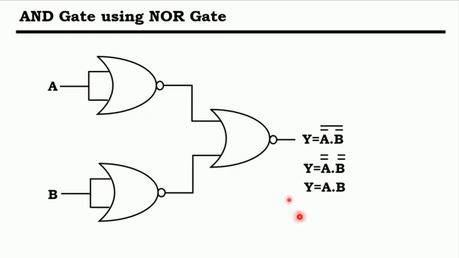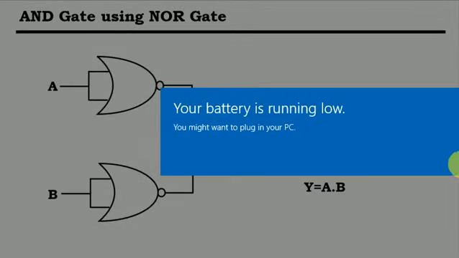So this could be my output, and in this way we are providing the inputs to all the 3 NOR gates.